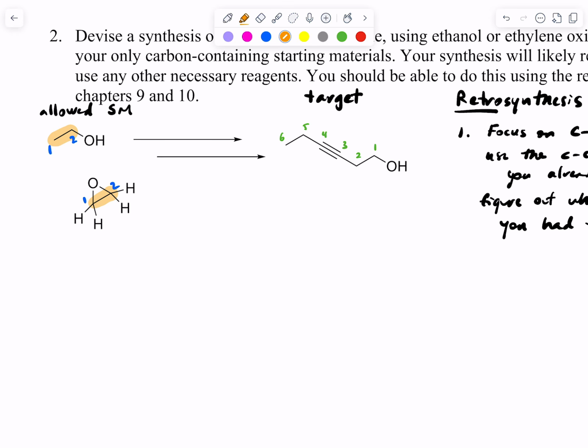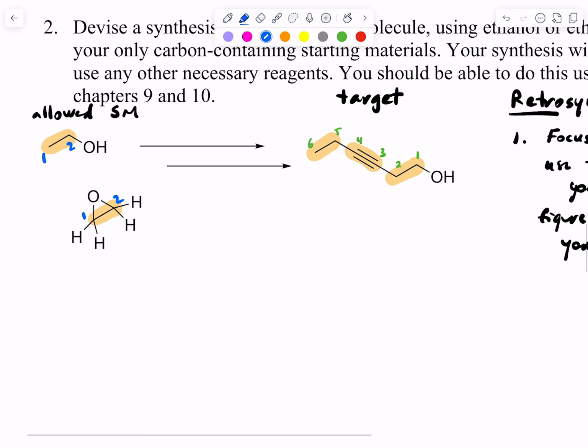In other words, those 2 carbons, those 2 carbons, and those 2 carbons, which tells me that sometime along the way, I had to make the bond between carbon 5 and 4, and I also had to make the bond between carbon 2 and 3. Do you follow that reasoning?